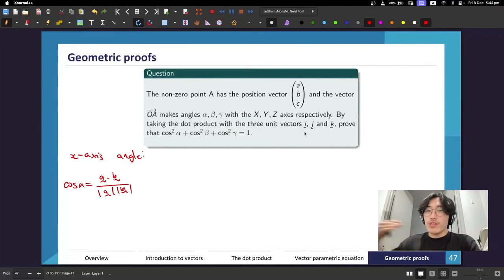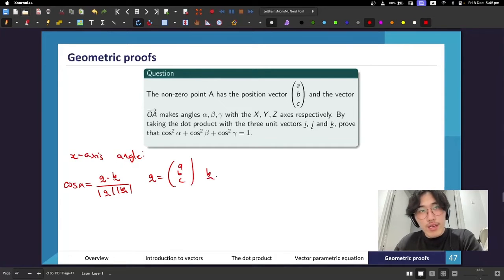But you should really be going into this exam knowing that when you want to find an angle between a vector and the x-axis, A is obviously your position vector, so A is equal to (a, b, c), and then your B here should be whatever axis you want to find. So if you want to find the x-axis, you should use (1, 0, 0), (0, 1, 0), or (0, 0, 1).